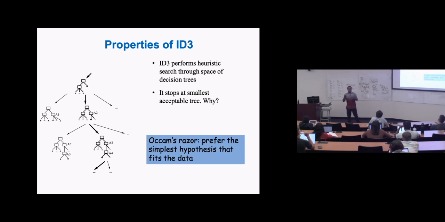We just use some heuristic to do that, and we came up with a pretty efficient way of searching through this massive space of decision trees, and we have something reasonable, as long as we have something reasonably usable.